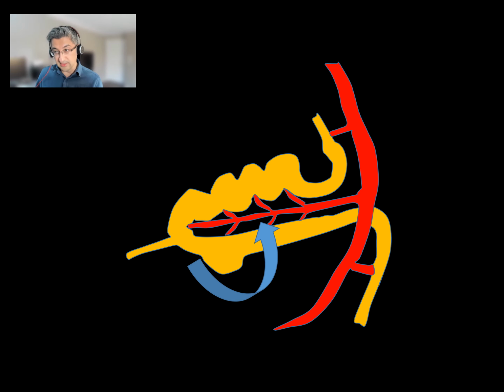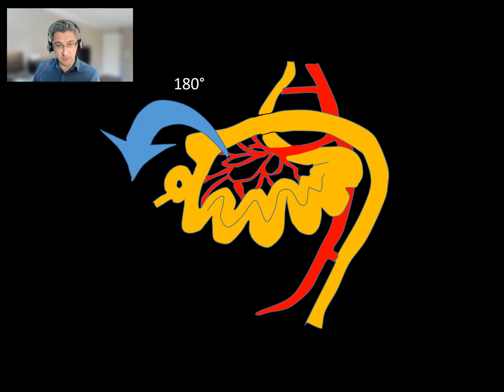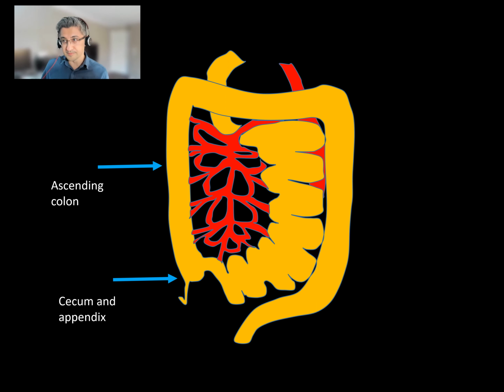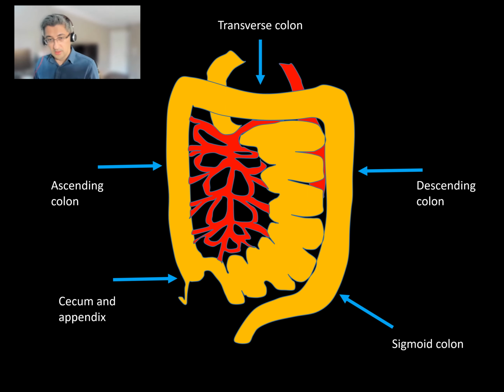The midgut then rotates an additional 180 degrees counterclockwise, so a total of 270-degree rotation of the midgut. Finally the duodenum, jejunum, and ileum are now inside the borders of the colon, which is composed of the ascending part, a transverse part, and the descending part and the sigmoid part. So this is the normal rotation of the midgut.